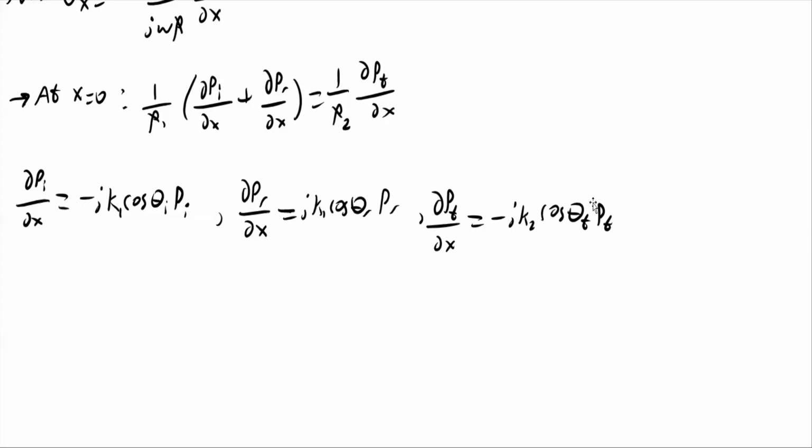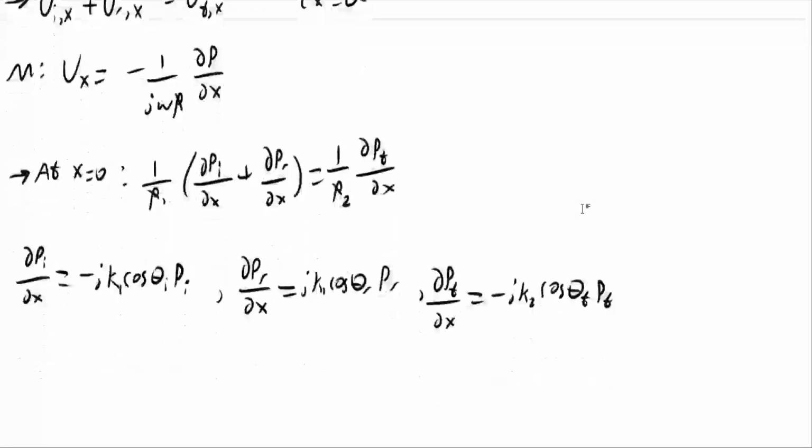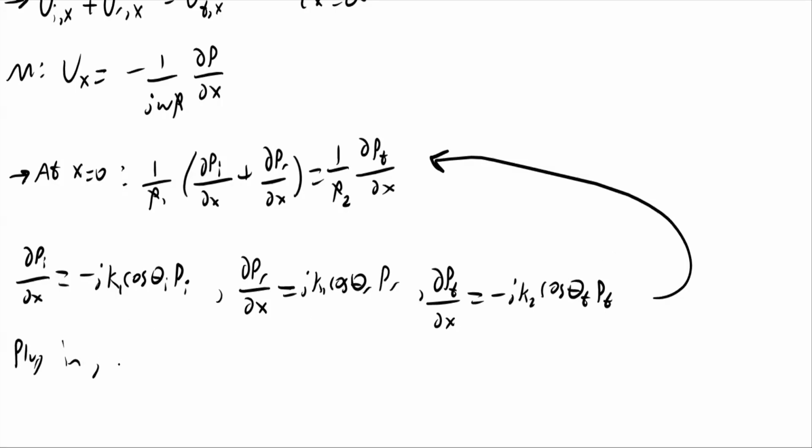So I'm going to skip a little bit of the math here because it's a little bit tedious, but what you do then is you take these expressions and you plug them in there. And then evaluate at x equals 0. You cancel the omega in each term.